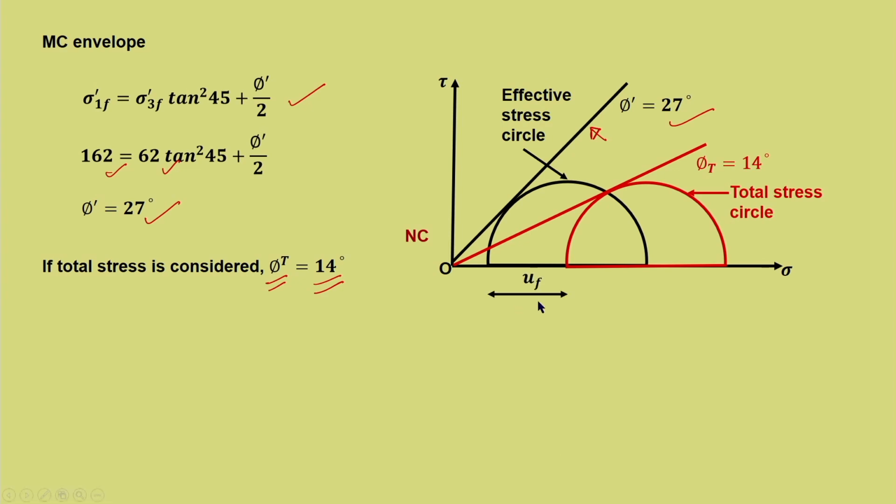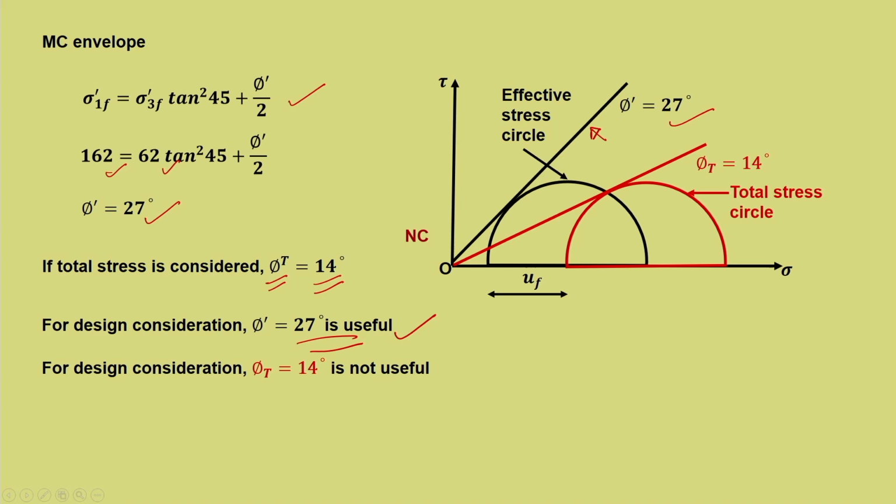That is the difference due to u_f. Now, for design consideration, 27 degrees is useful, and this phi t equal to 14 degrees may not be useful. I am telling this in terms of the failure criterion and the strength parameter.